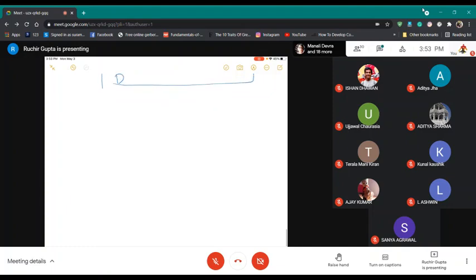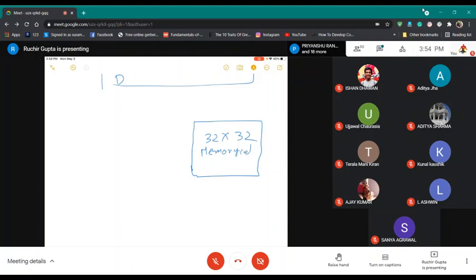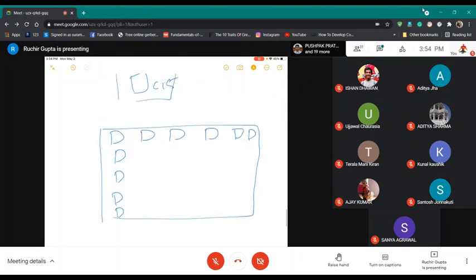Just let's see. So when I am saying a 32 cross 32 memory cell array, for example, this is a 5 cross 6 memory cell array.